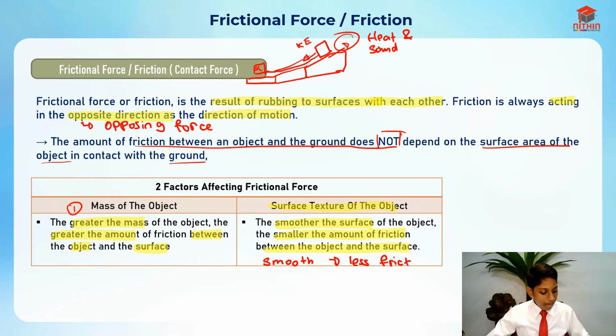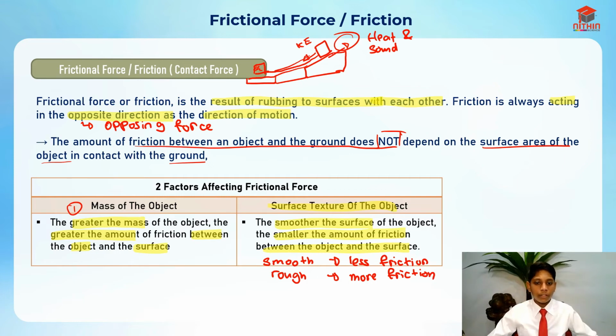Okay, and if an object is rough, like its texture is rough, it means that it has more friction. Okay, so I hope you understood that.